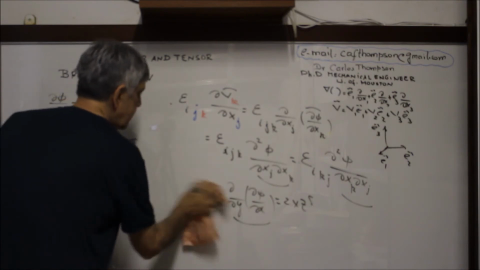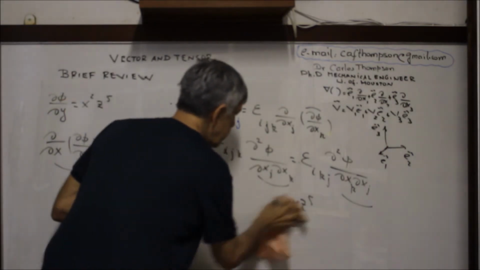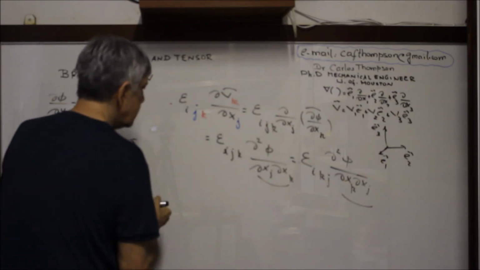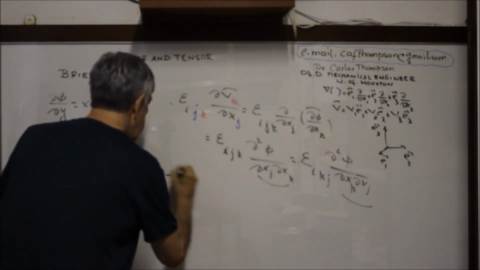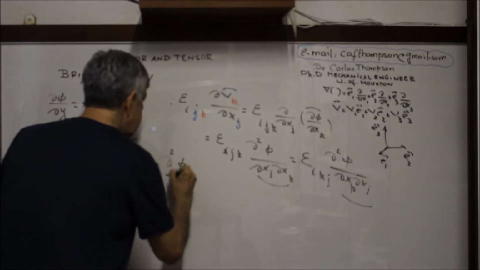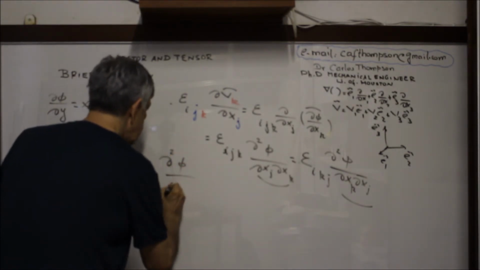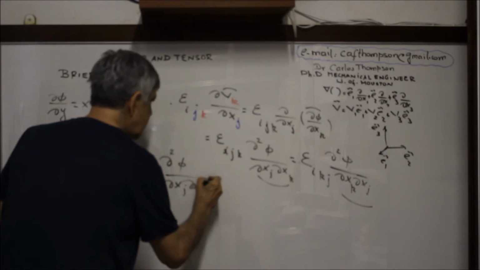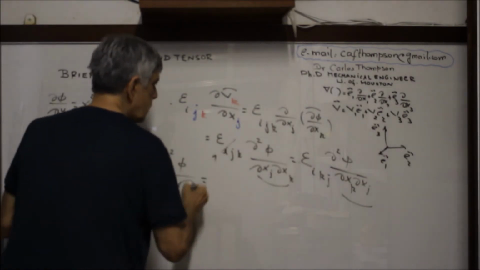Suppose this is plus. So the second partial derivative of xj xk is equal to, suppose this is 1.